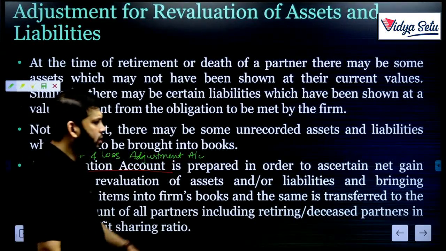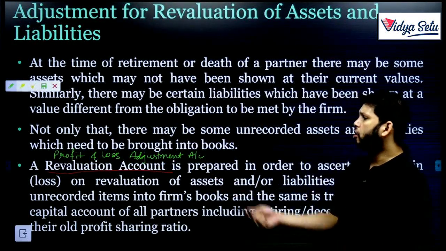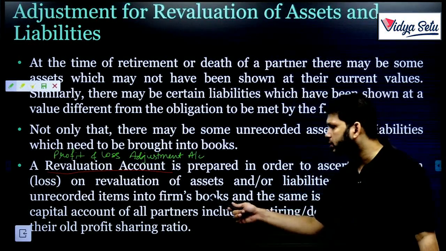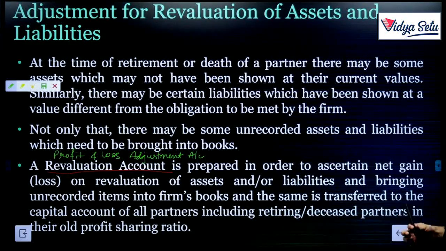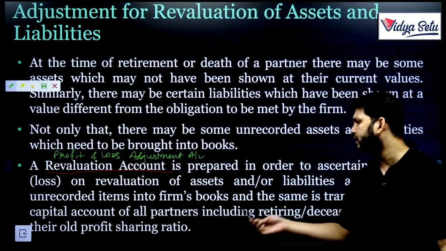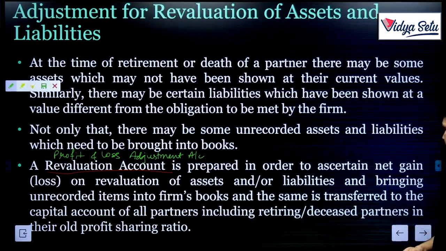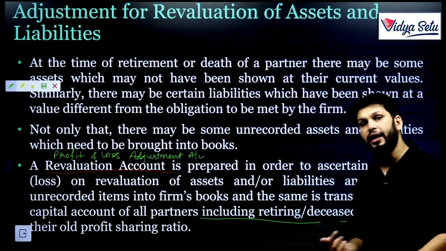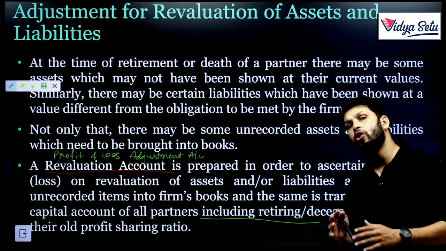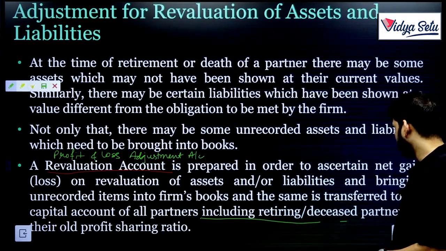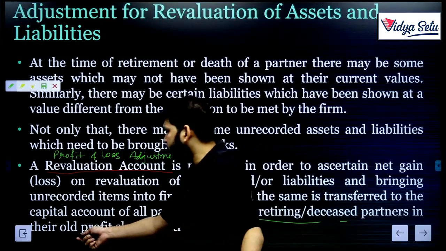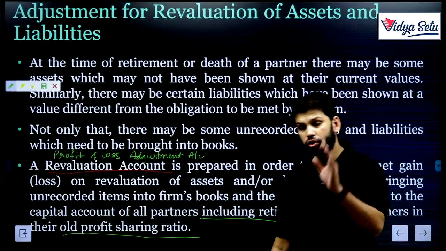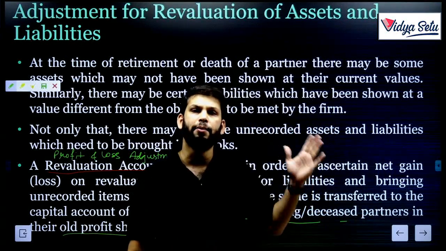Is prepared in order to ascertain net gain or loss on revaluation of assets and or liabilities and bringing unrecorded items into the firm's books, and the same is transferred to the capital account of all partners including retiring or deceased partner. Do remember this is that even he is the old partner, the retiring or deceased partner, the revaluation profit or loss should also go to him. Okay, in their old profit sharing, we always used to do what? We used to transfer it in old ratio. Do remember? Okay, it's just like admission.